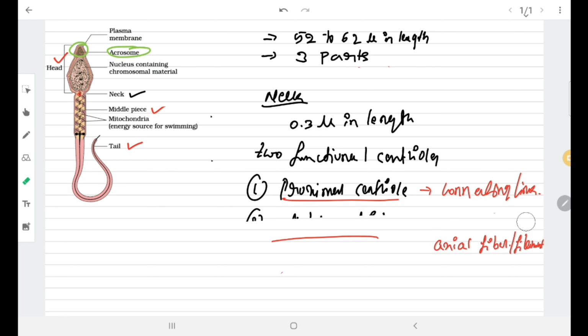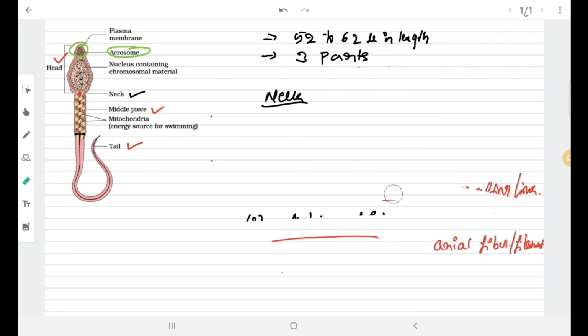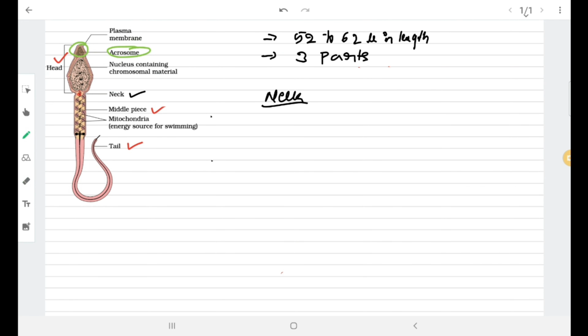Now we come to the middle piece, that is the second one. The middle piece is a very important part of the sperm. Why? Because it comprises mitochondria.